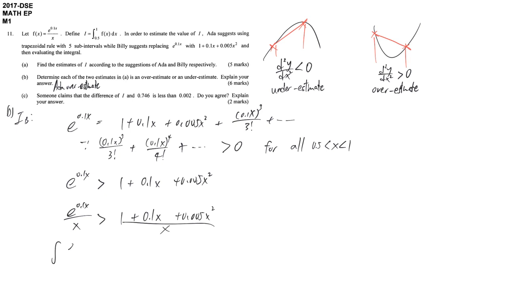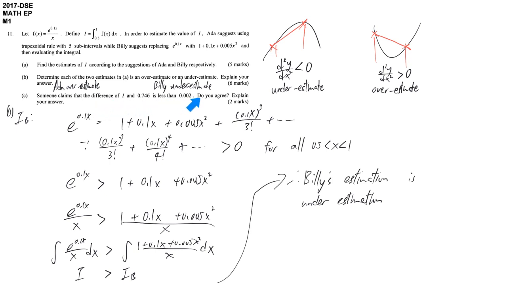Therefore, if we compare the integral, it's also larger than the right hand side. That's why I is larger than IB. Our BD estimation is smaller than the true value, which means that BD estimation is underestimated.